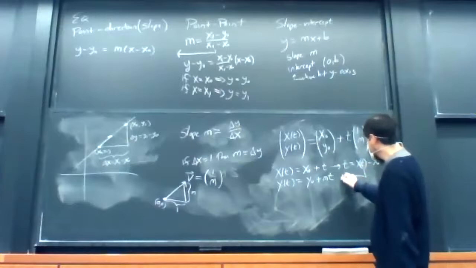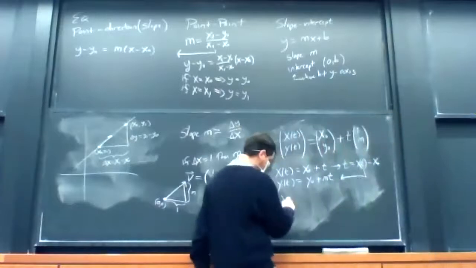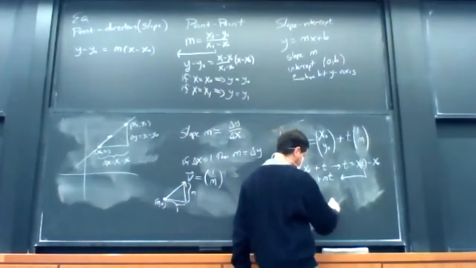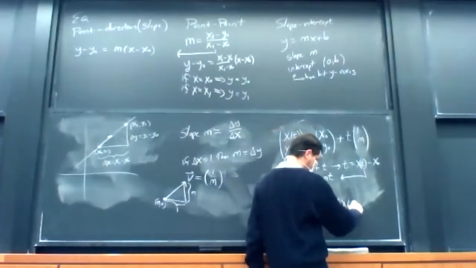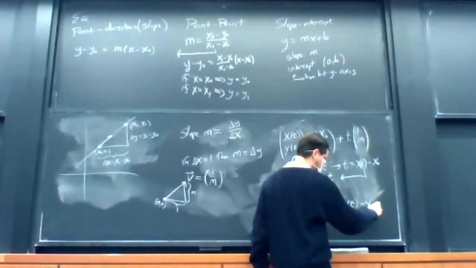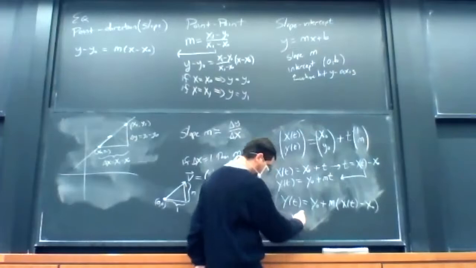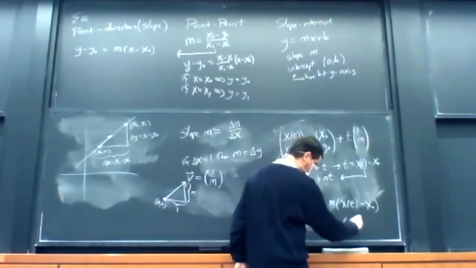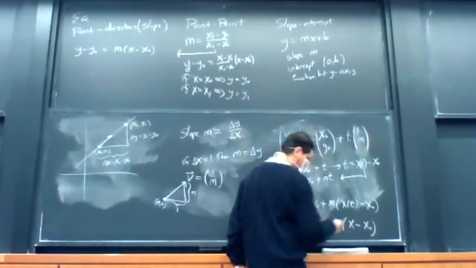And then we can substitute that in here. We get y of t is y naught plus m times x of t minus x naught. Well, if you want, just y equals y naught plus m times x minus x naught.